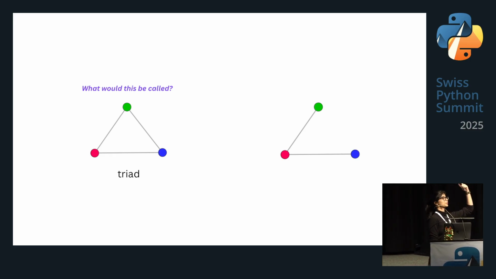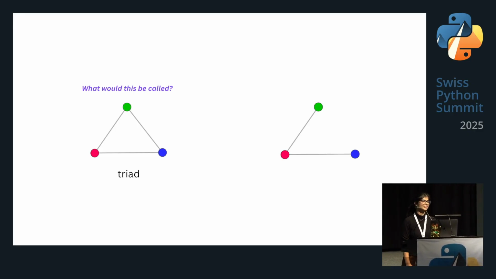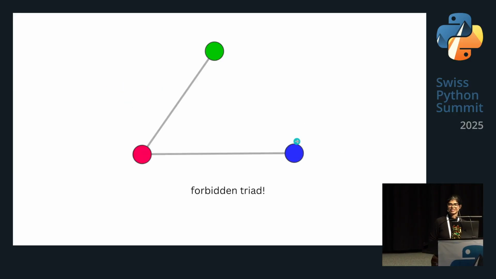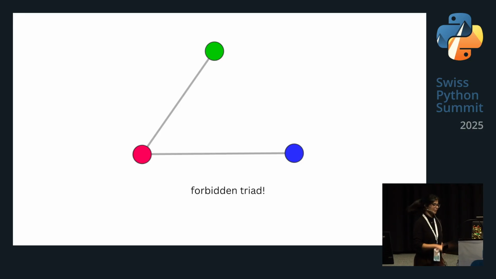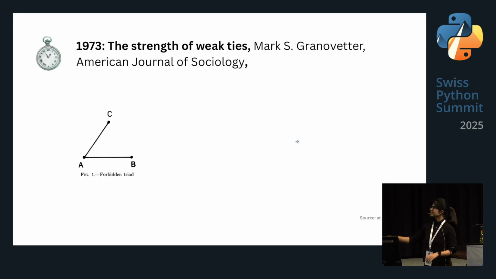Spanning tree. Oh, okay. We're going in that territory. We can just call it an open triad. We go with simple answers usually, but it has another term called a forbidden triad. Any guesses why it might be forbidden? Okay, anyways, I will come to why it's forbidden in this case.